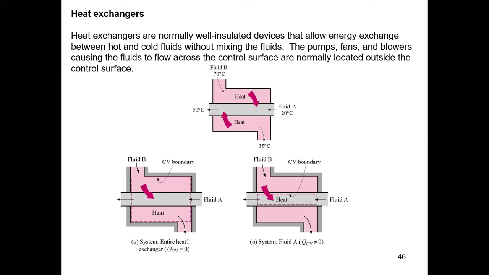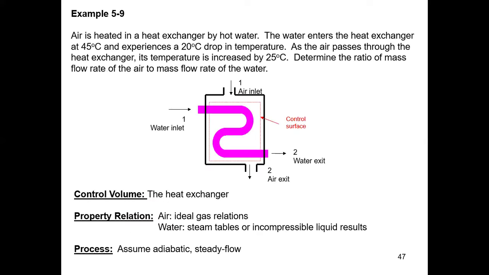So on the bottom left, you have the system as the entire heat exchanger, Q of the control volume equal to 0. Okay, no heat exchange with the outside. And in the bottom right corner, you have the system as the fluid A inside the pipe. And Q control volume equal to 0.